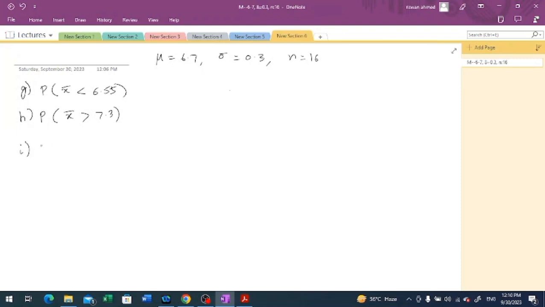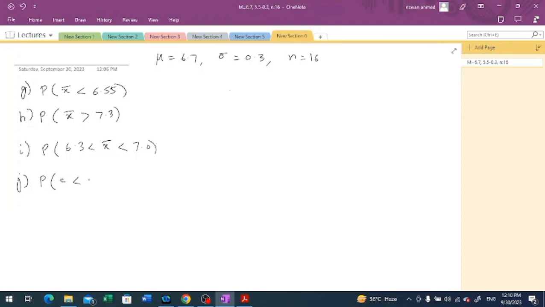Part I over there was given as 6.3 for x bar to 7, and part J will have the same description.